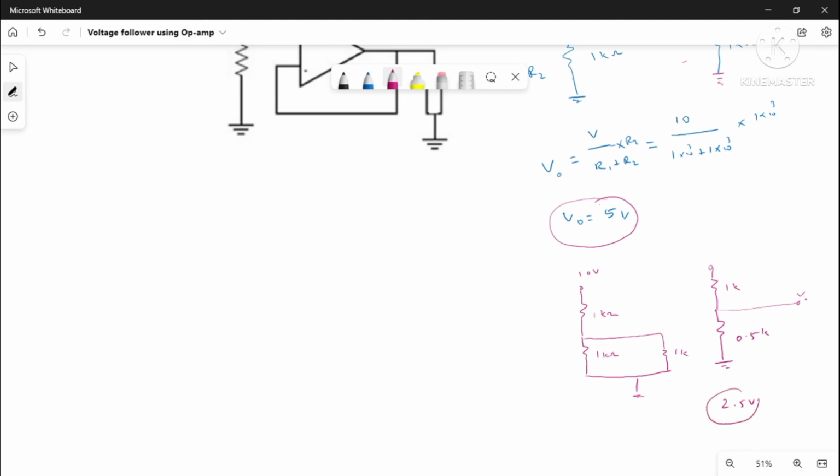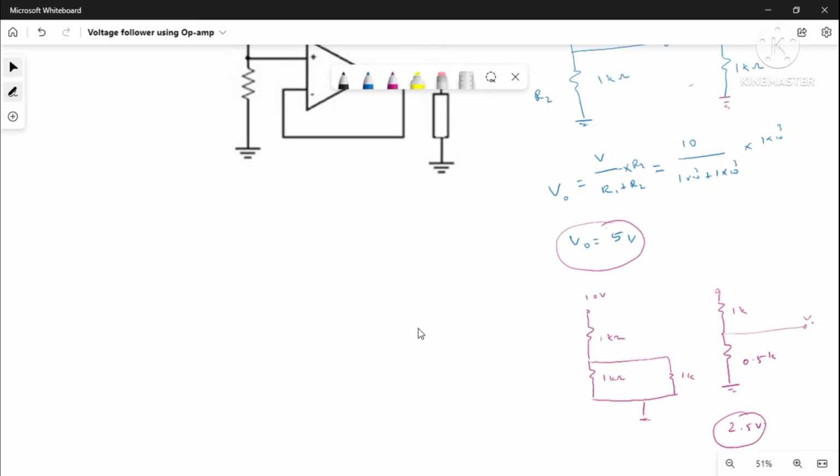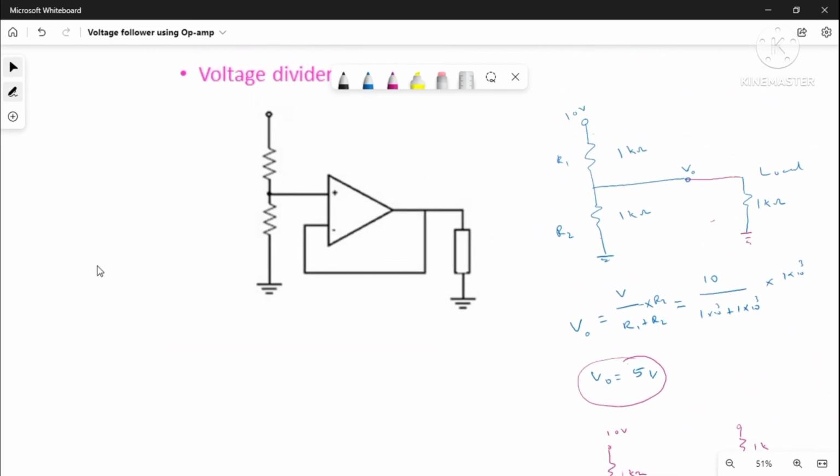So in such cases, if you use a circuit like this, an op amp voltage follower in between, this will take 5 volt as a reference. I will mark the values here: 10 volt, 1K, here also 1K, load I am considering as 1K.